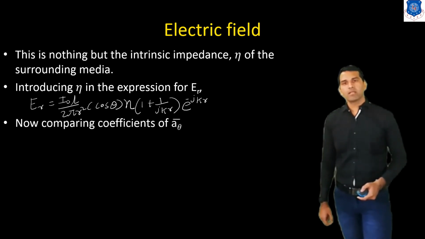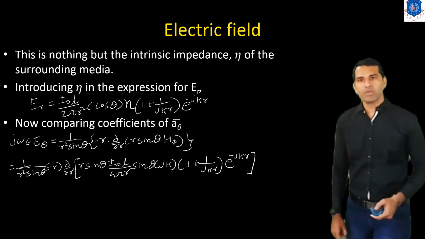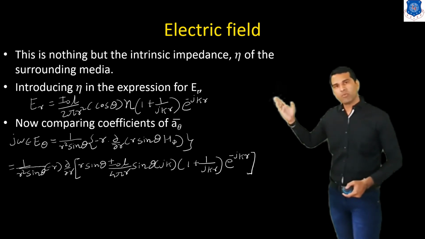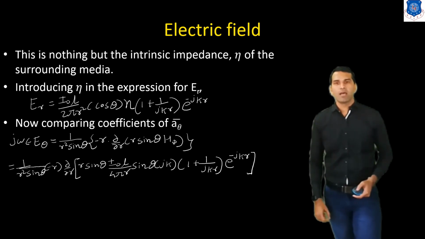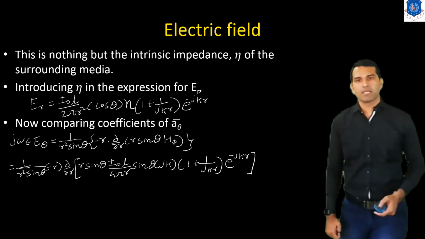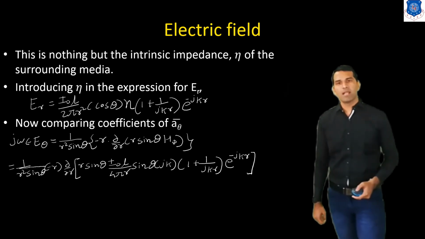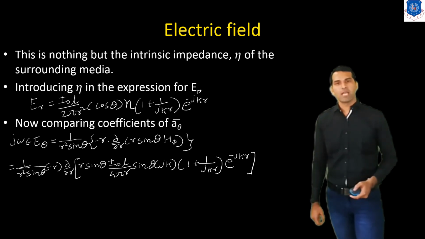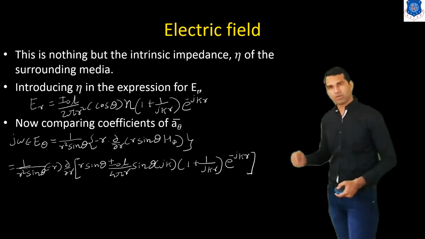Now comparing the coefficient of a_theta, we compare j omega epsilon E_theta equals 1 upon r, minus del by del r of r sin theta H_phi. Now we put the value of H_phi in this equation.